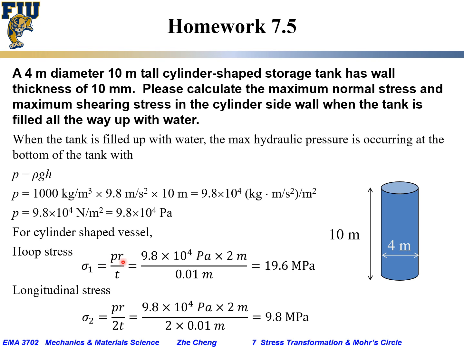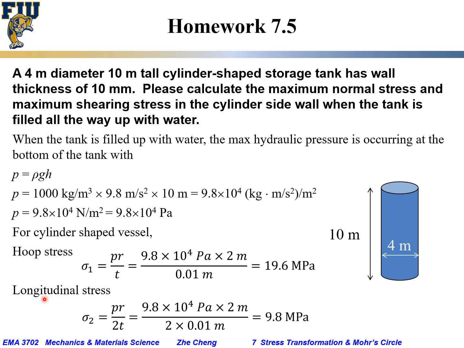PR/T: pressure would be 9.8 times 10 to the power of 4 Pascal, R is the radius, 4-meter diameter so radius would be 2 meter, and the wall thickness is 10 millimeter or 0.01 meter. We plug the numbers in, and the hoop stress would be 19.6 megapascal.